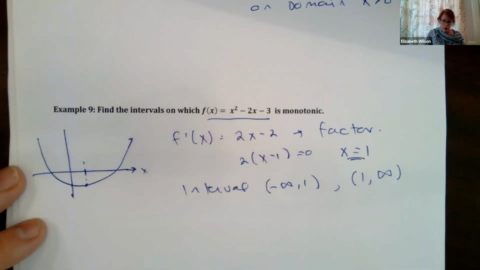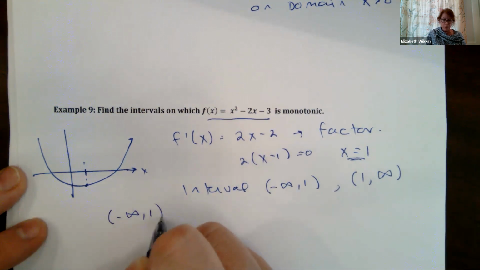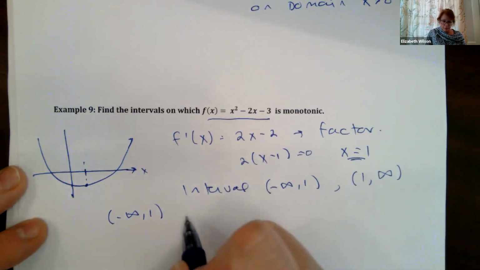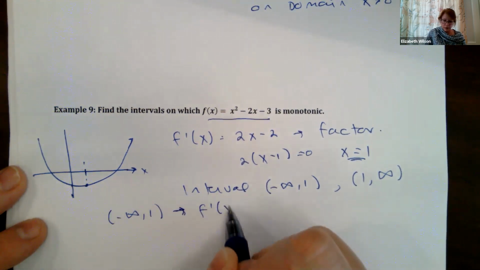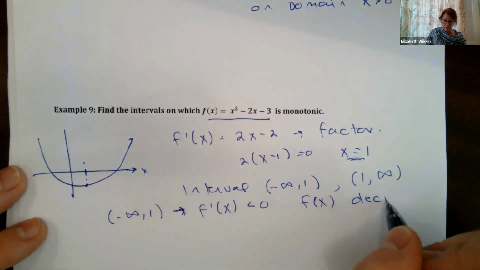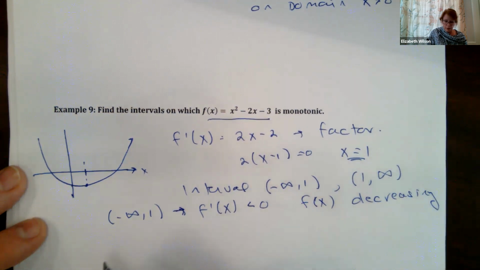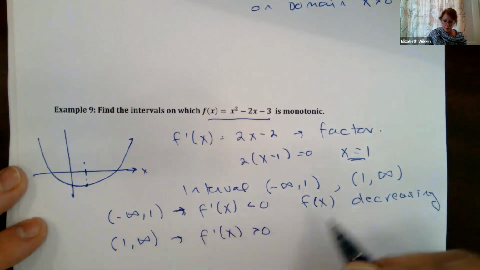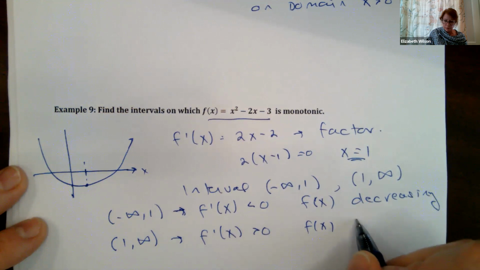So on this first interval, minus infinity to positive 1, my function is decreasing. My derivative is negative, so my function is decreasing. When I go from 1 to positive infinity, my derivative is positive, which means my function is increasing along this interval.